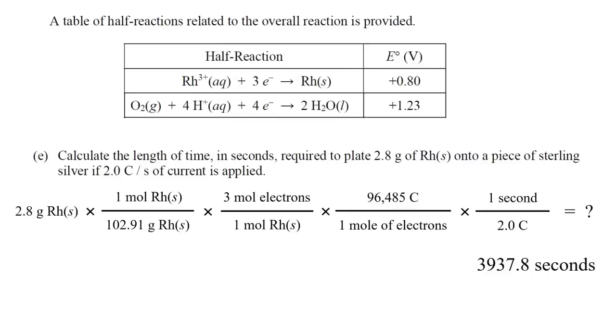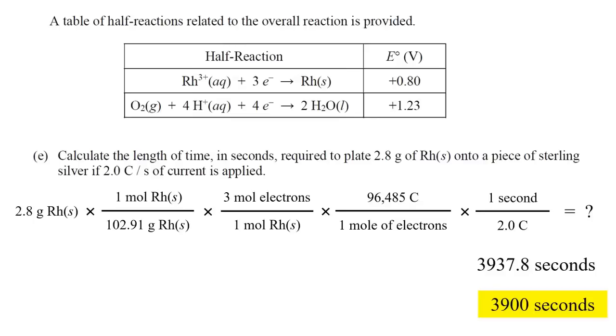Considering that I started with 2.8 grams of rhodium, that number only has 2 significant figures, as well as my current 2.0 coulombs for every 1 second. I'm going to round off this answer to 2 significant figures, so I'm going to write this as 3,900 seconds. I could also write this in scientific notation as 3.9 times 10 to the third seconds.